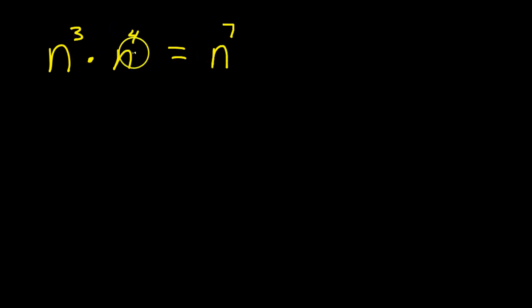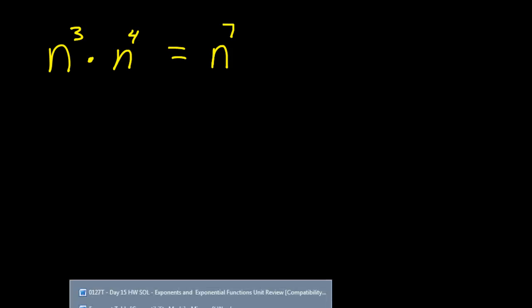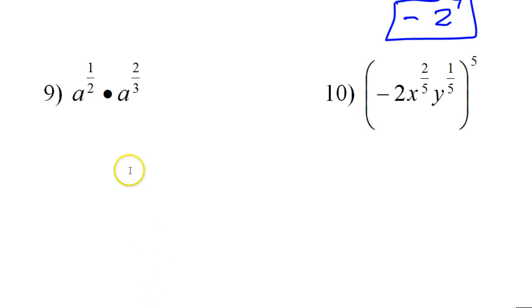Okay, you add. So look, when you have fractions, it's still going to work the same way. Alright, we're just going to add the exponents. So we have this, but we're doing 1/2 plus 2/3. So we just need like denominators and such. So I'm going to do this off to the side.